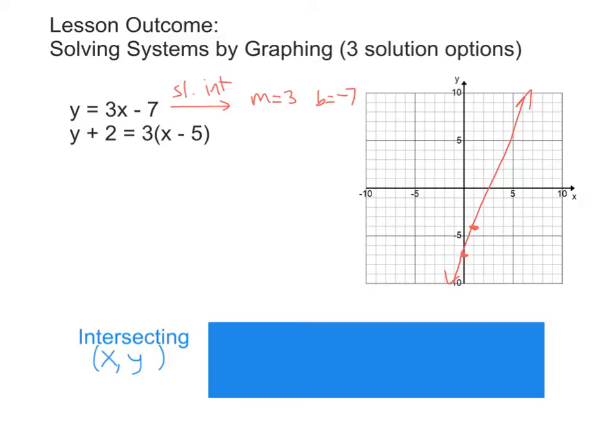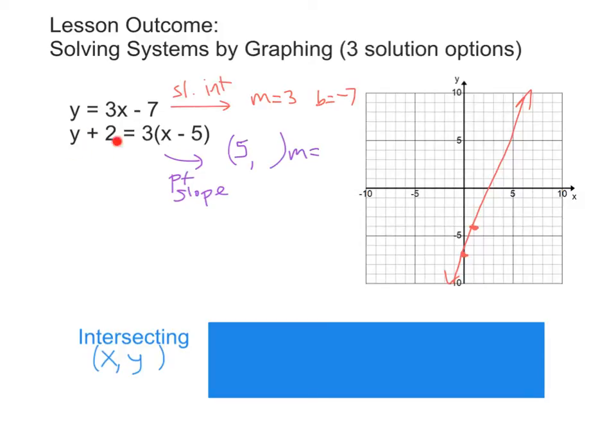All right, now let's graph the second line that I have listed. This is in point slope form. Point slope, and that means we need to write a point and the slope. Remember that your point comes from the x and y coordinate in the equation. So here's x, so it says minus 5. We're going to write a positive 5 here.